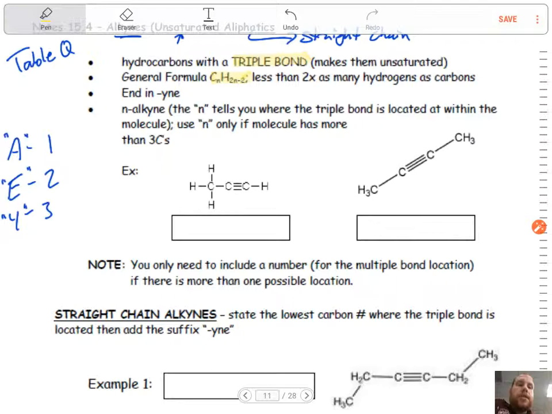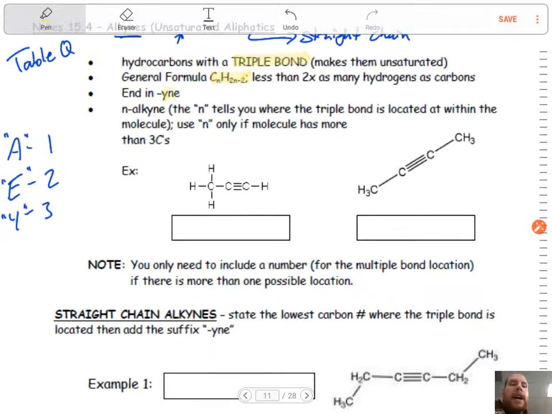The general formula for alkynes is CnH2n minus 2. So there are less than 2 times as many hydrogens as there are carbons. Up until this point, we've had more hydrogens than double the carbons in alkanes, the same as double the amount in alkenes, and this is less than double the amount, because of that triple bond.